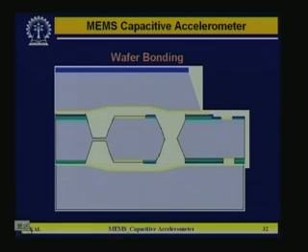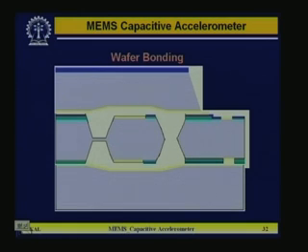So, we have to see certain design modifications and techniques so that those parasitics can be removed completely. This is the complete process sequence of this capacitive accelerometer structure, and I am not going to discuss further on this.